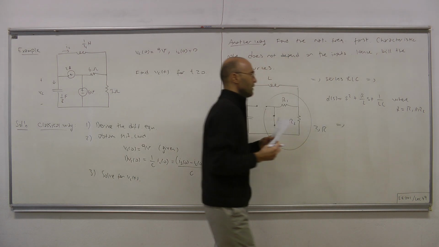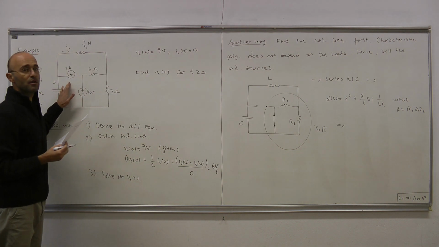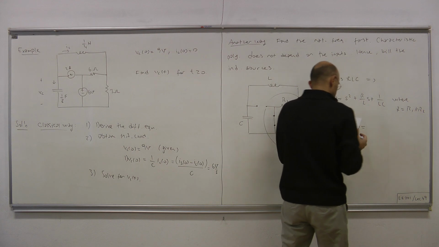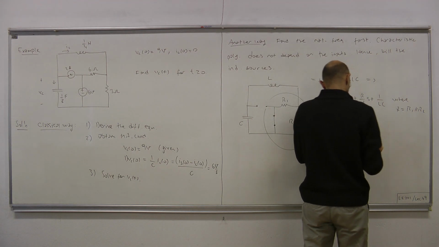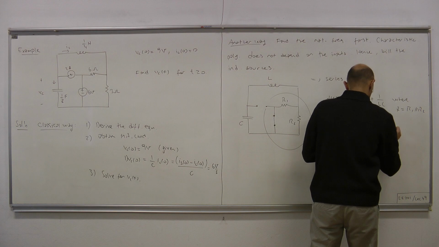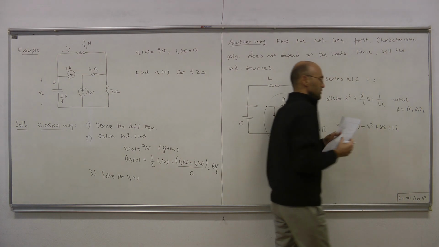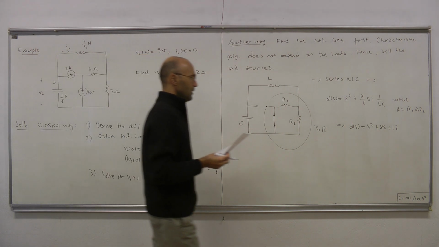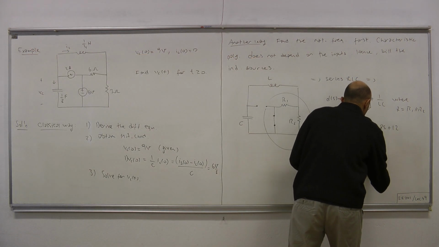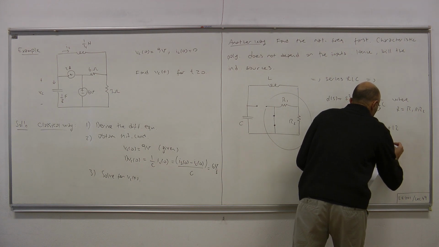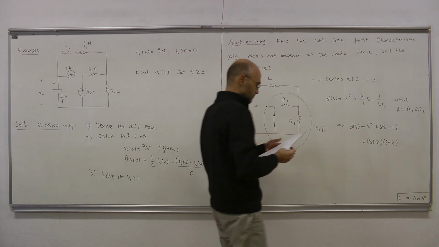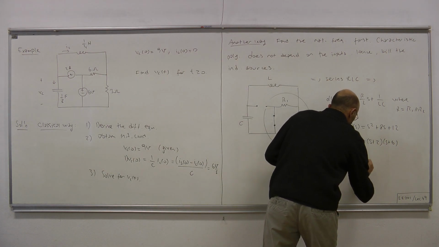So, for the parameter values given here, that makes D of s take the following form: s squared plus 8s plus 12. Okay. That means we have natural frequencies at -2 and -6. s1,2 equals -2 and -6.